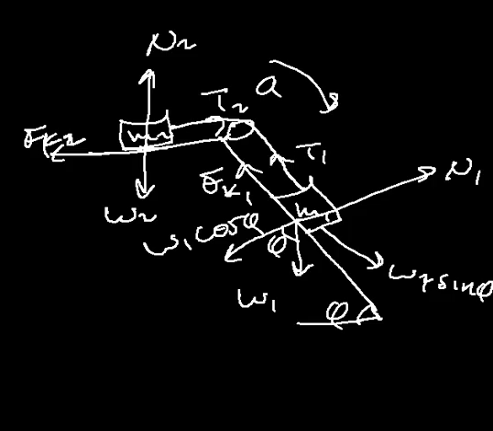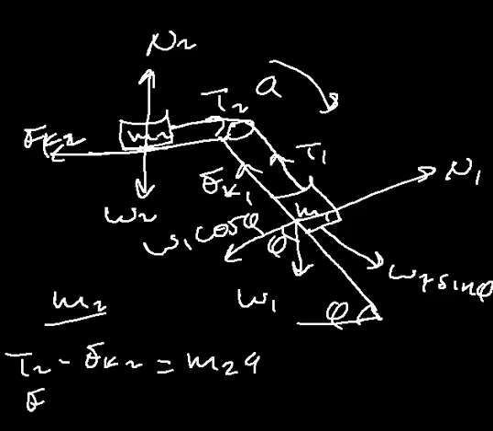Now, let's start with the object of mass 2 first, which is this. So what are the forces? We have the tension force, which is acting in the direction of the motion, minus Fk2, which is equal to the mass 2 times acceleration. But what is Fk2? Fk2 will be given as mu k2 times the normal force 2.